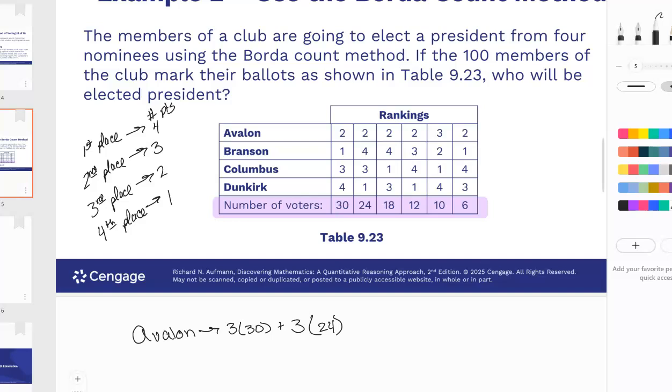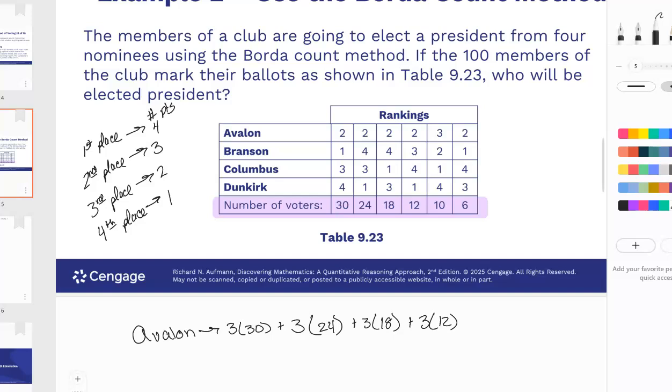There were 18 that ranked the candidates this way. Avalon got a second place, which means another 3 points times 18, plus 2 ranked second again. So 3 points times 12.